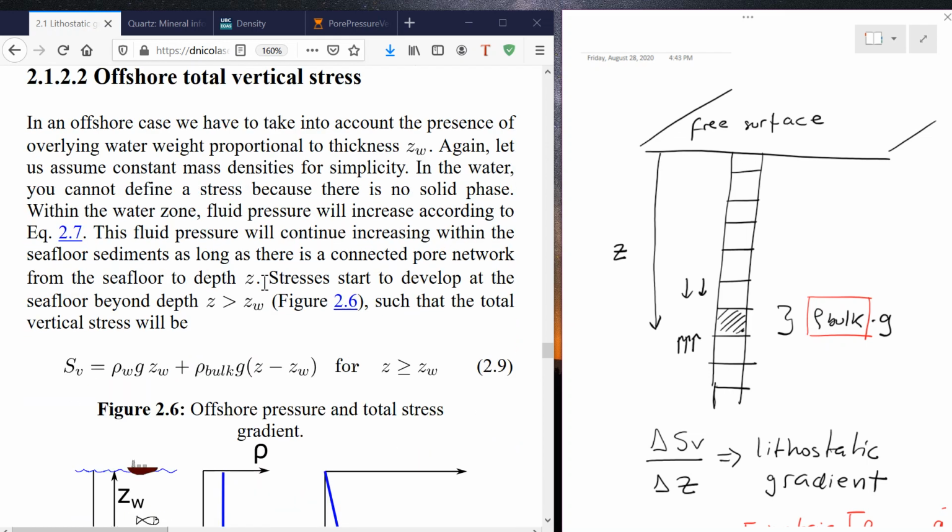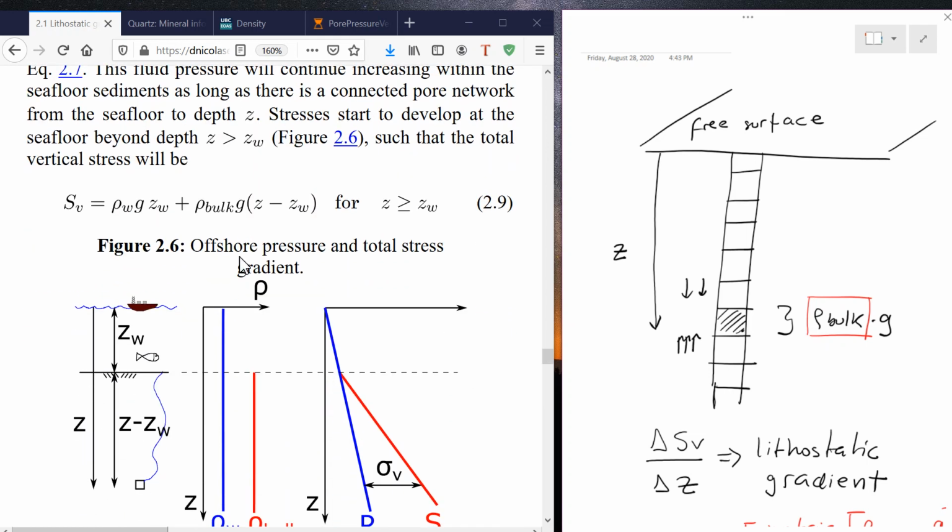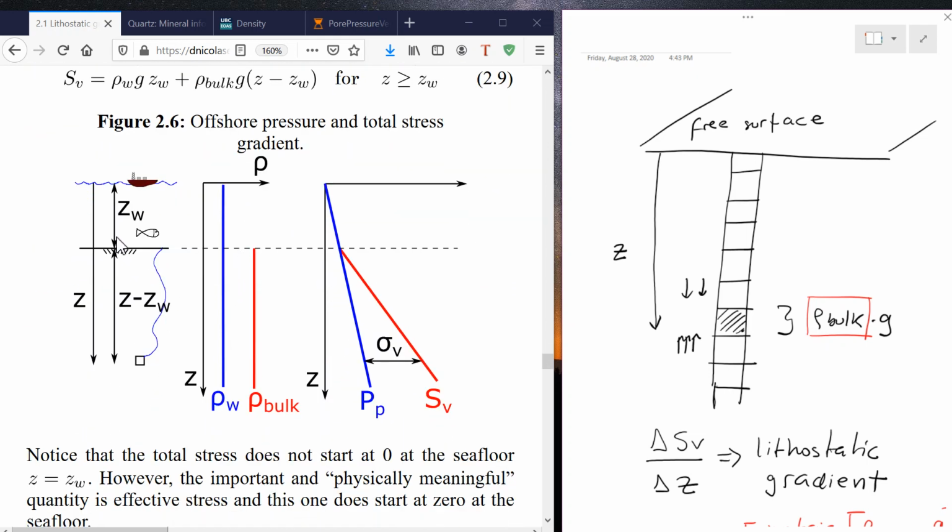So in that particular case, what I have to do is separate the domain in two: the depth which is filled with water with its own density, and the depth from the bottom of the ocean, from the mud line, to the particular depth that I'm considering.